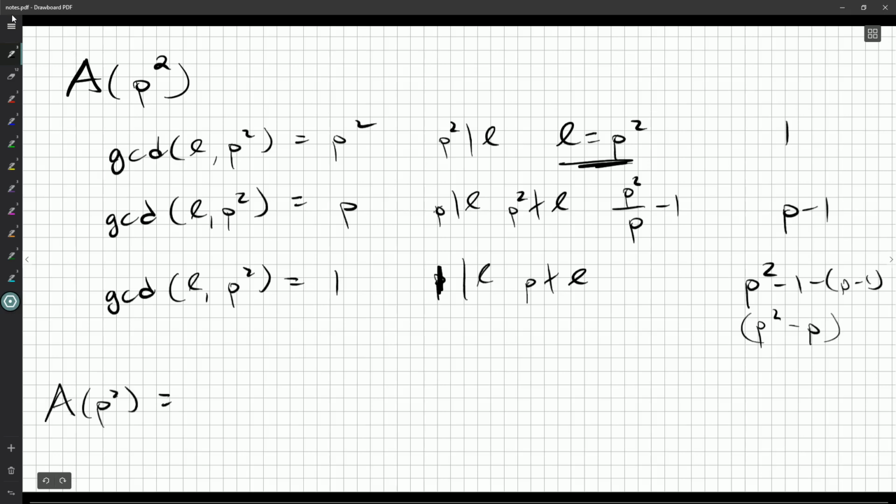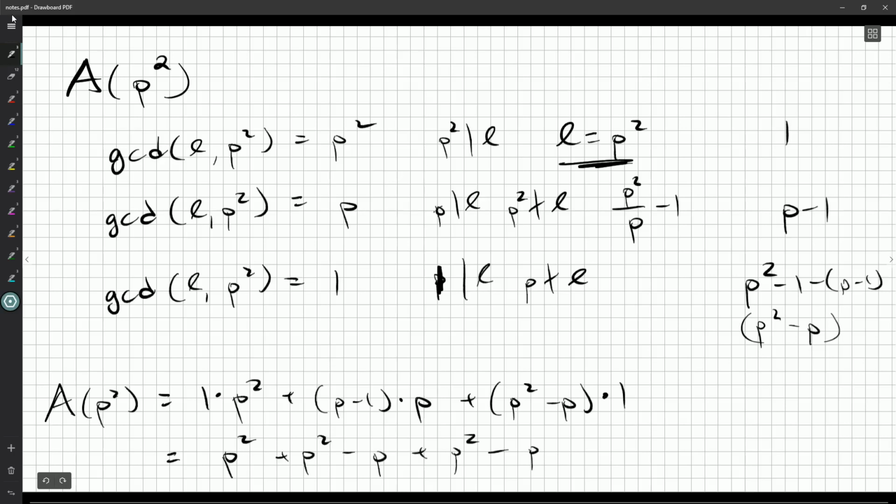So we should get 1 times p squared, p minus 1 times p, and then p squared minus p of them, each of those is equal to 1. So that's p squared minus p, p squared minus p, 3 p squareds minus 2 p's.